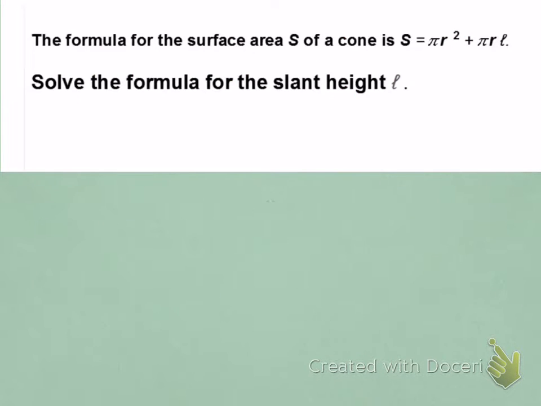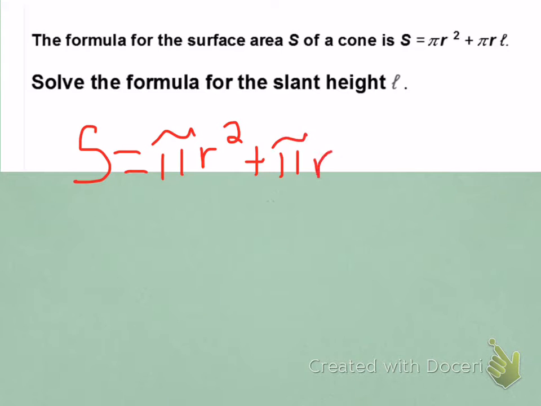Okay, now we get a little bit harder. So we have this formula for the surface area S of a cone, and they give you the formula. So S equals pi times radius squared plus pi times radius times the slant height, which looks like that. So we're going to solve the formula for the slant height, so I'm just going to underline it.